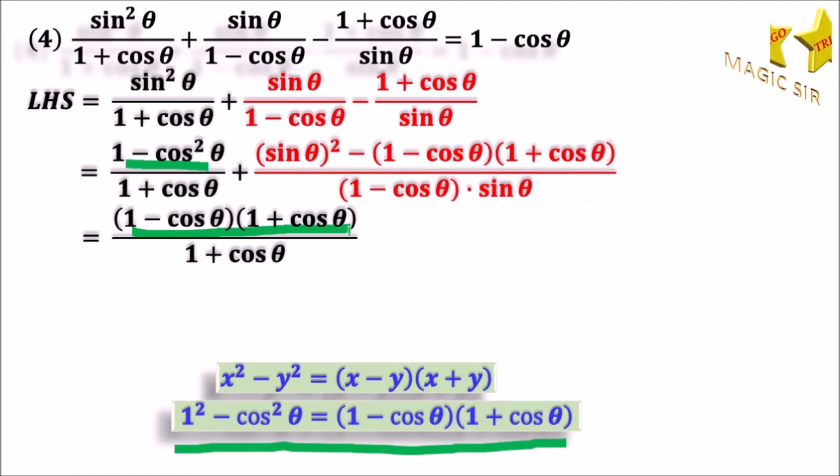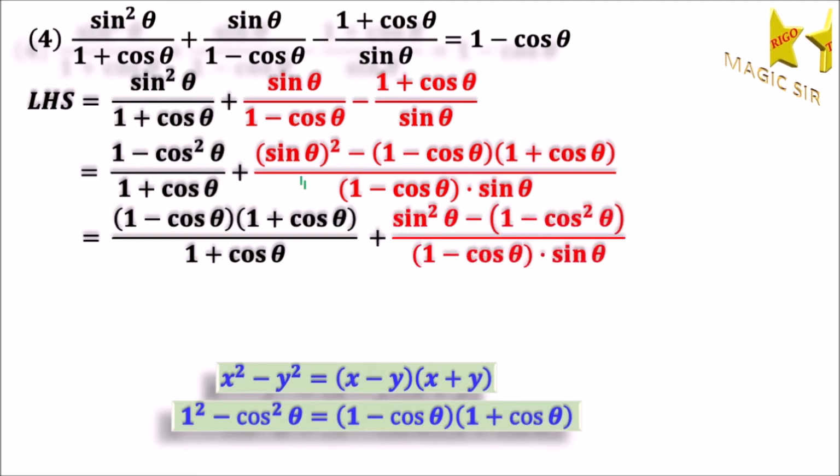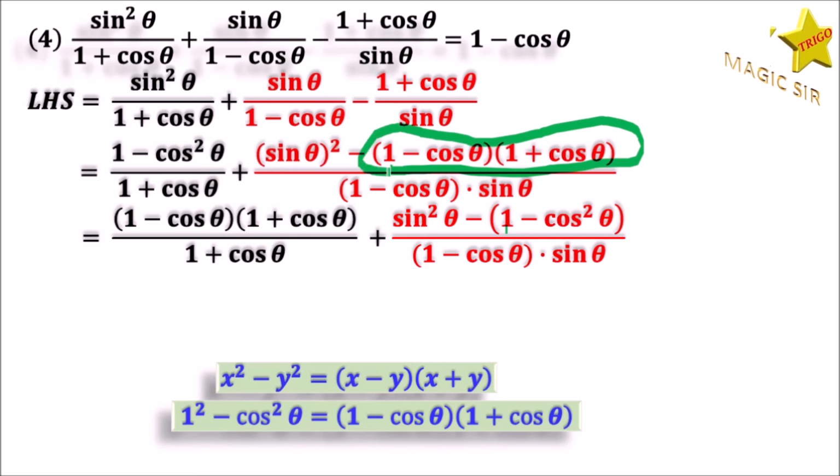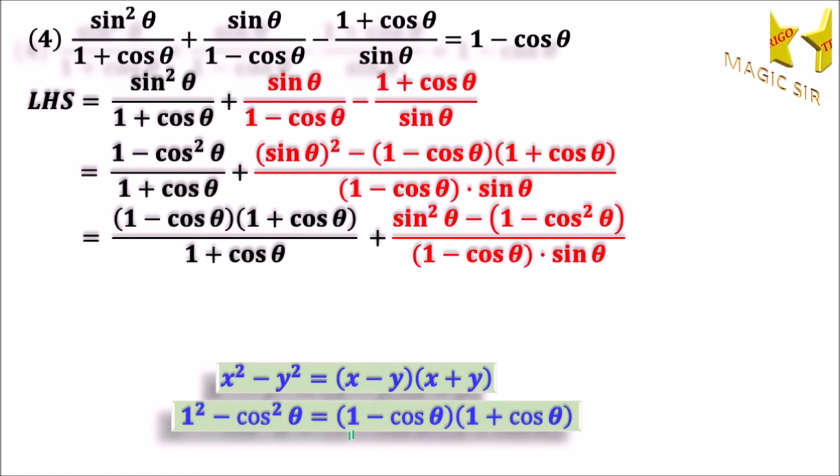In the second fraction, we have sin theta whole square is equal to sin square theta. For the factors 1 minus cos theta into 1 plus cos theta, we can use the formula of x square minus y square in the reverse order. That is 1 minus cos theta into 1 plus cos theta is equal to 1 minus cos square theta.